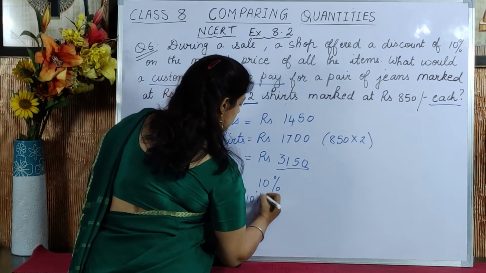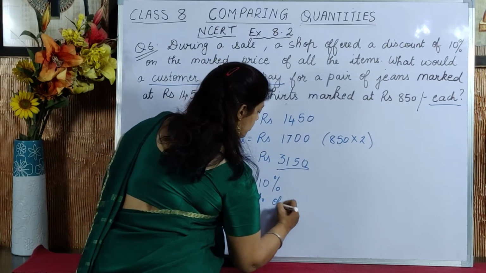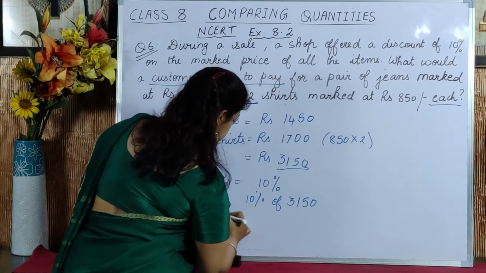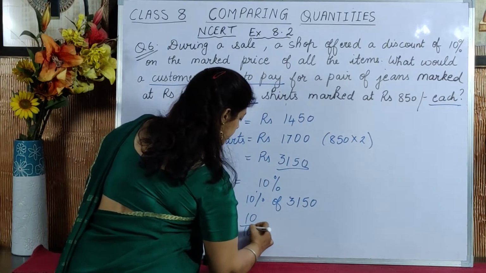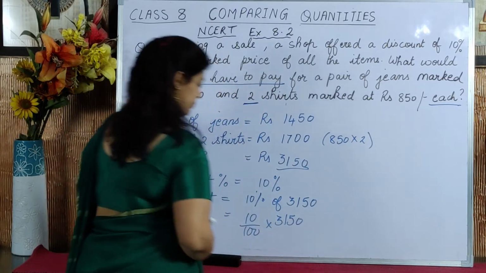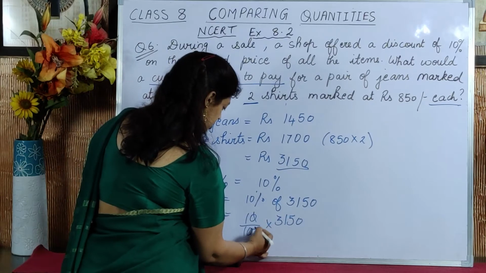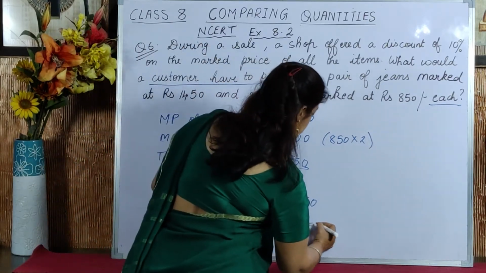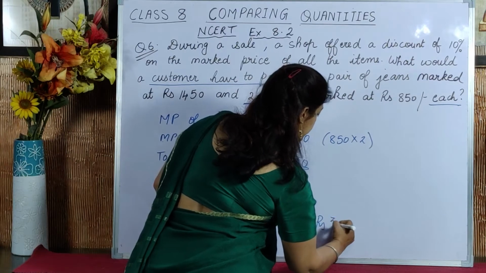10% of 3150, which is equal to 10 upon 100 multiplied by 3150. 0, 0, 0 gets cancelled. So I get this as rupees 315.